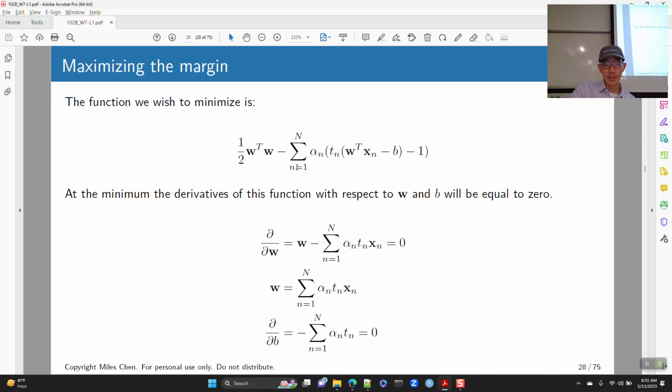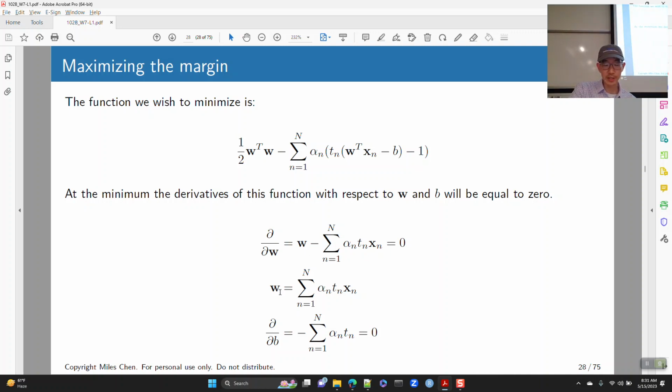If I take the derivative of this with respect to w, w transpose w will give me w over here, and then for this whole thing, alpha times t sub n times w transpose x will reduce to alpha tn xn, and the other things, which are constants with respect to w, zero out.